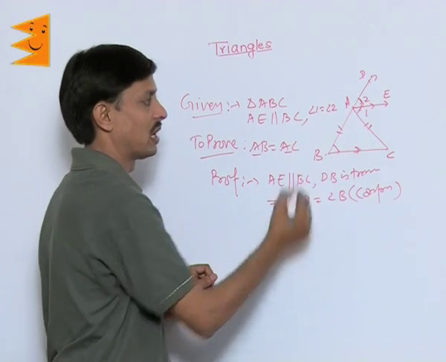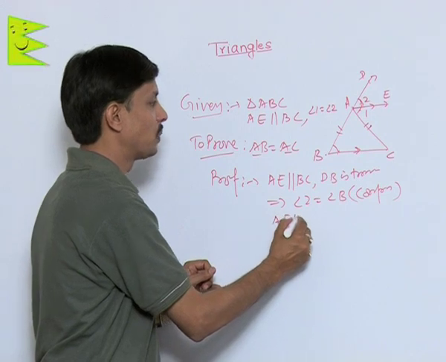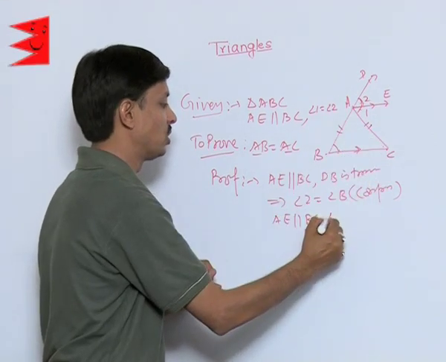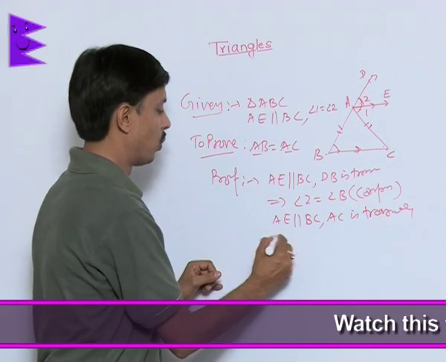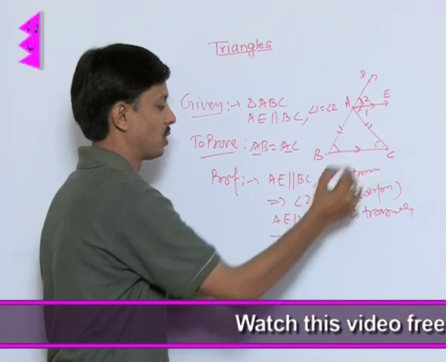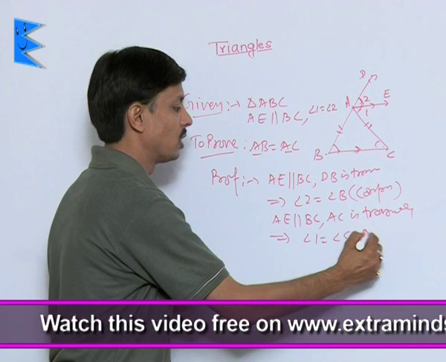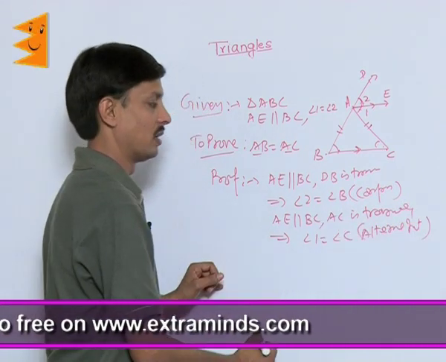Now AE is parallel to BC and AC is another transversal. So what can you conclude? Angle 1 is equal to angle C. This is a pair of alternate interior angles.